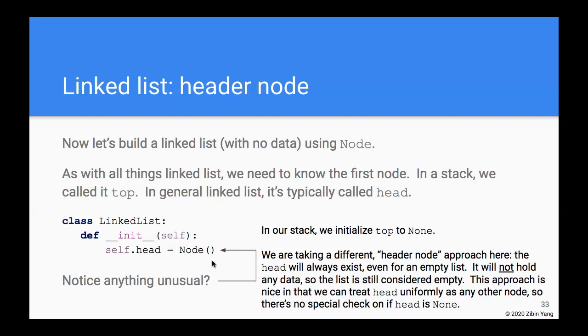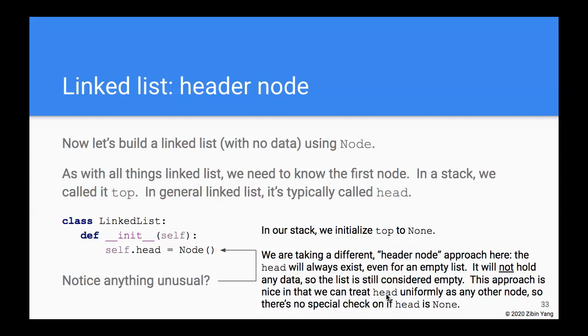Now, there are different approaches to implementing linked lists, like I said before, and this approach is nice in that we can treat the head just the same as any other node. In the other approach, the head could be None or it may not be None, right?